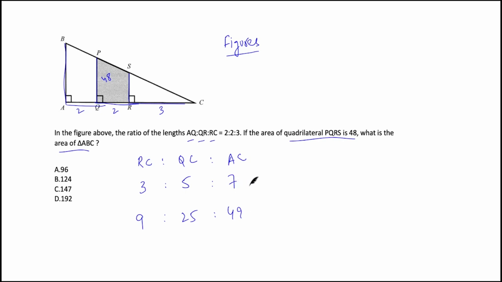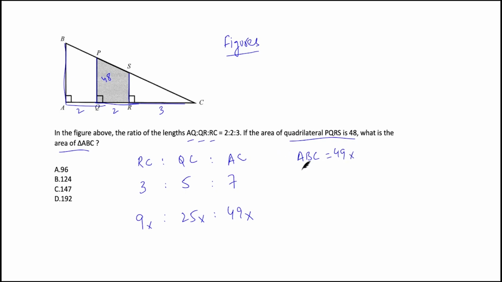But we are not done yet. These are the ratios, these are not the exact numbers. This is where I apply that strategy that if I multiply a constant with ratios, I will get exact areas, I will get exact numbers. 49x is the exact area of triangle ABC. If I ask you what is the area of triangle ABC in terms of x, you will say it's 49x.